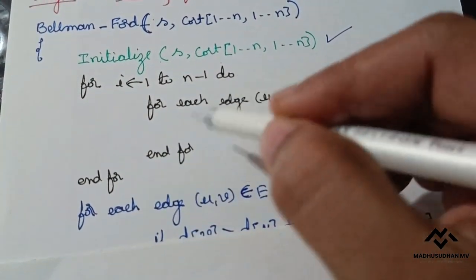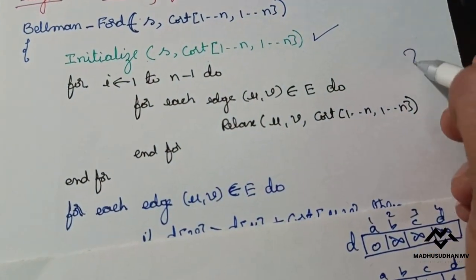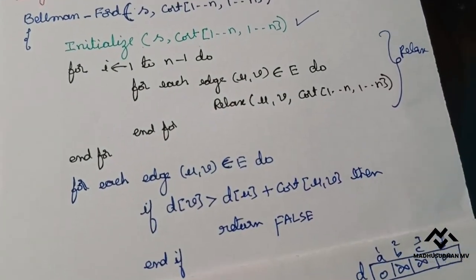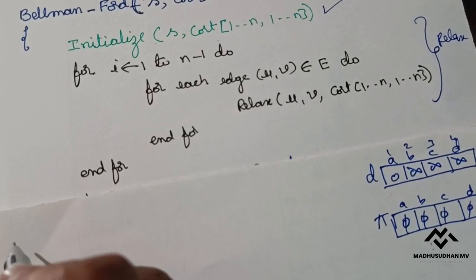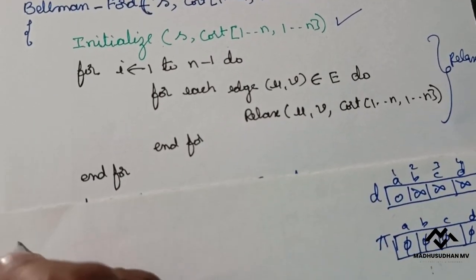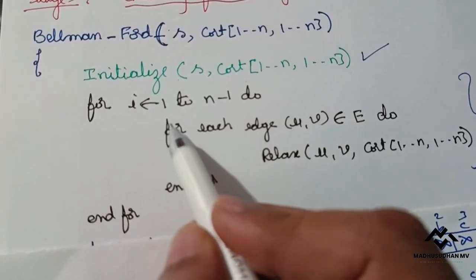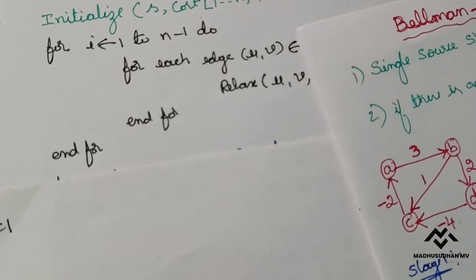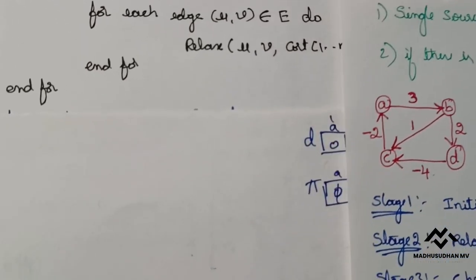This stage, whatever is written in the black color, is the relaxation I am doing. So for that, first i is equal to 1. What is n here? What is the graph you have taken? This is the graph you have taken.